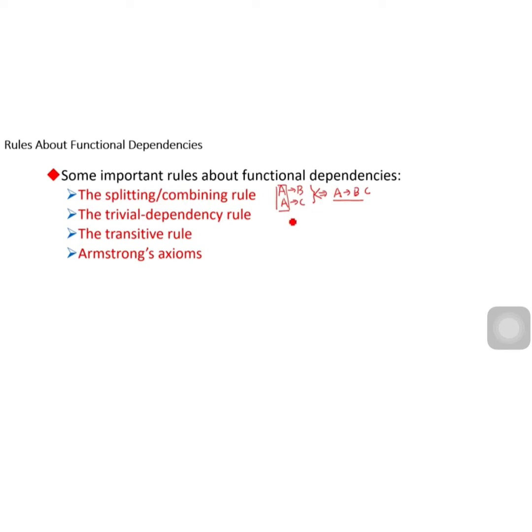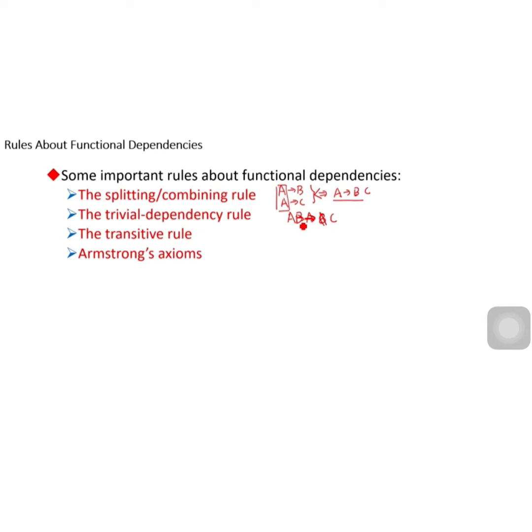If we know AB functionally determines BC, we can delete the attributes from the right side that appear in the left side, B appearing in the left side.